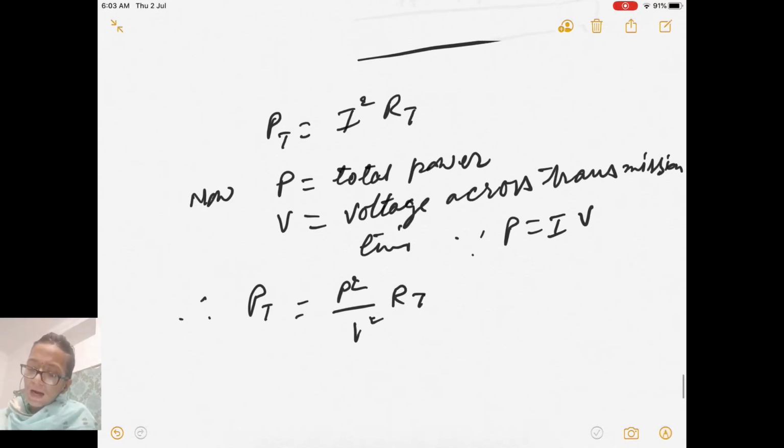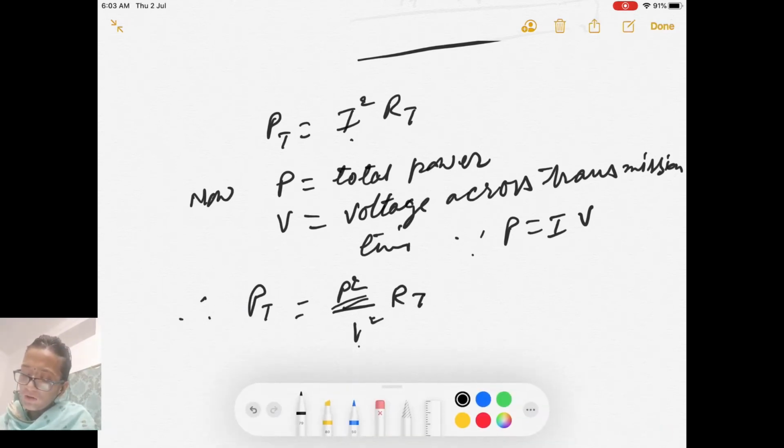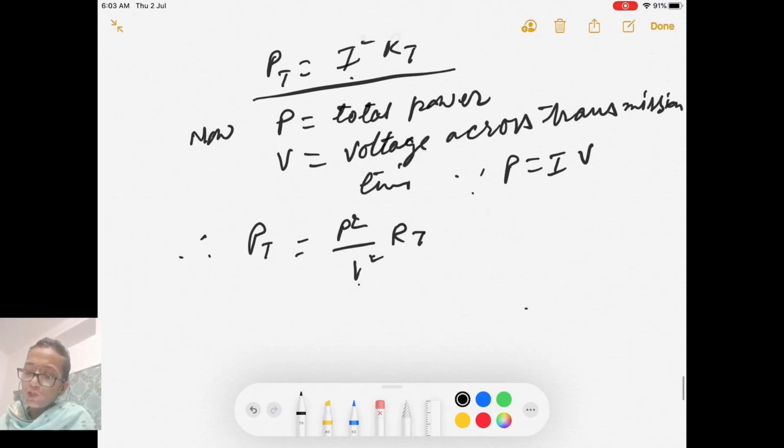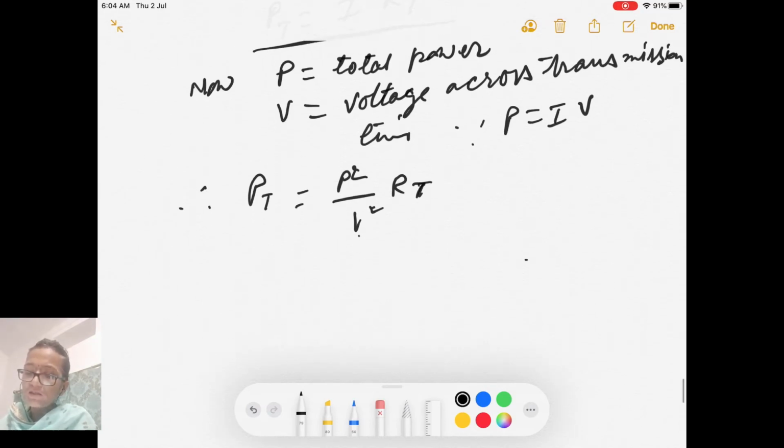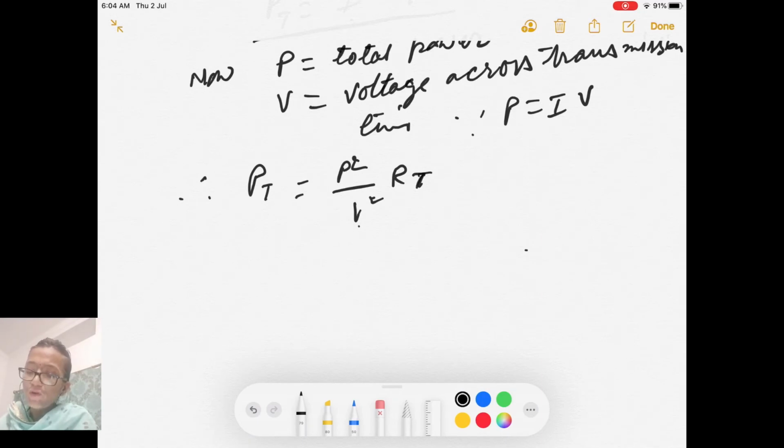So we converted I into this form because we have to ensure that the power supplied by our transmission station should not be reduced. Power should remain constant. So I converted the equation from I square R to P square upon V square into R, the resistance of the transmission line. Now, the power consumed by the transmission line will be reduced if the voltage is very high, if the denominator is very high.